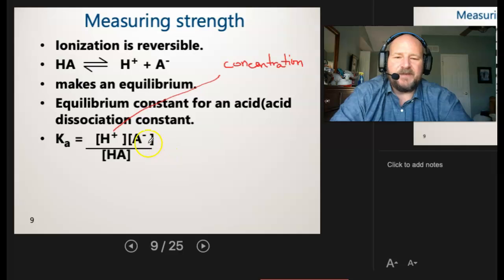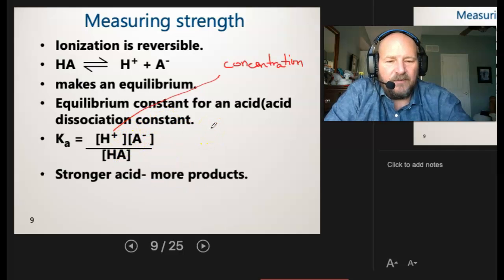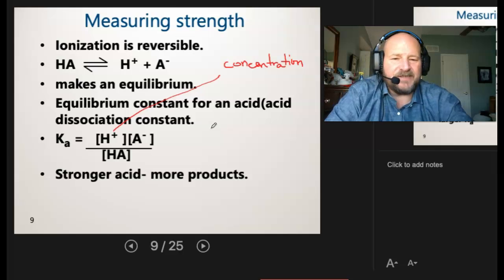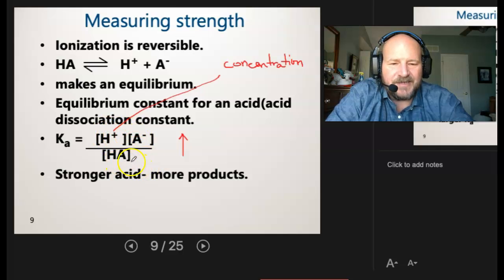It's basically the products divided by the reactants. Now, this becomes valuable because if I have a stronger acid, then I'm obviously going to have more products, which means Ka should go up, right? If I have more up here multiplying through and a smaller number in the denominator, then a larger Ka.